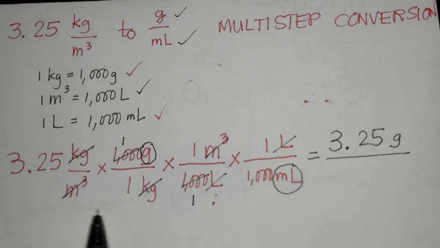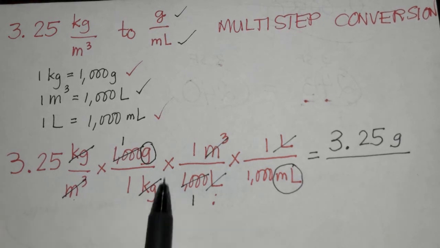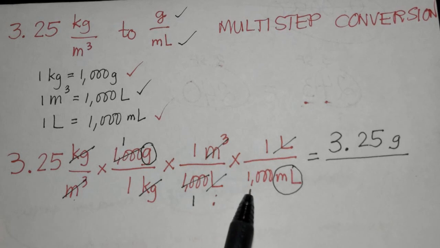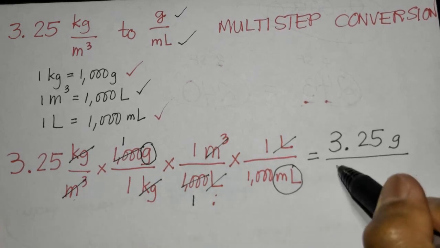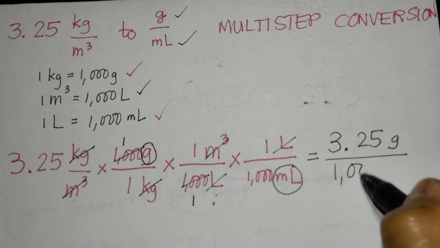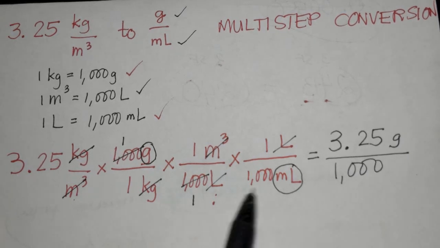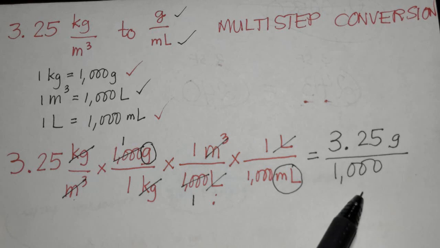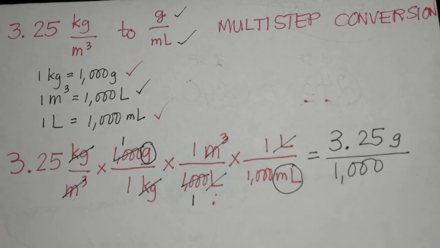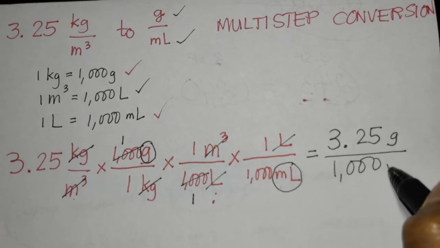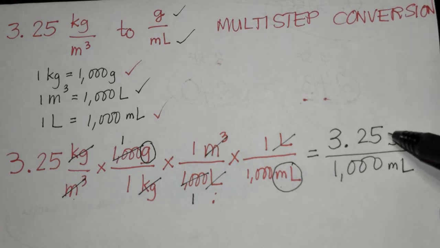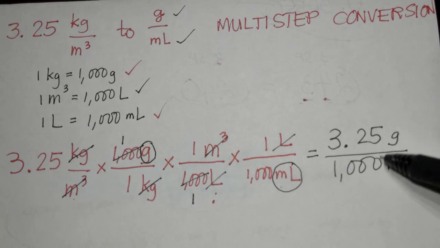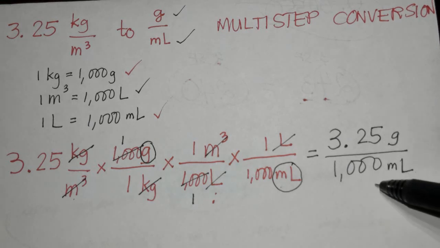Let's examine our denominator. There's nothing in here. And there's a 1 times 1 times 1,000. So everything in the denominator is just equivalent to 1,000. 1 times 1,000 is 1,000. Correct? Then you put the unit in the denominator, that is your ml.